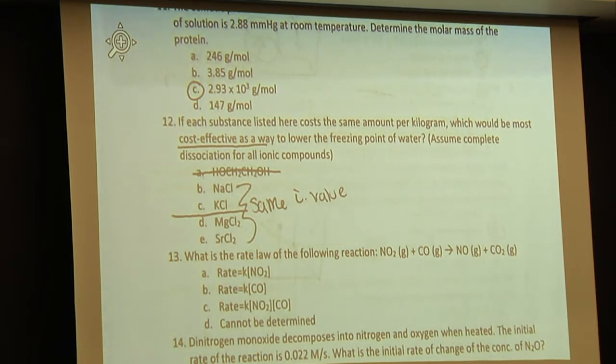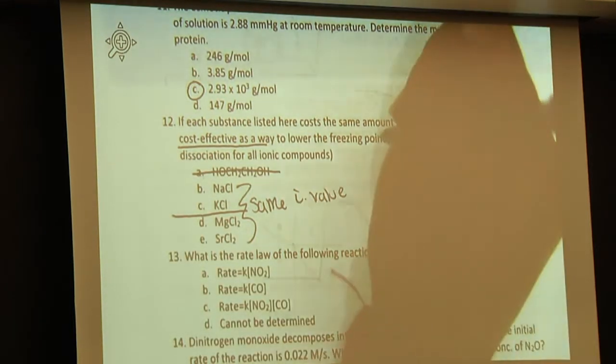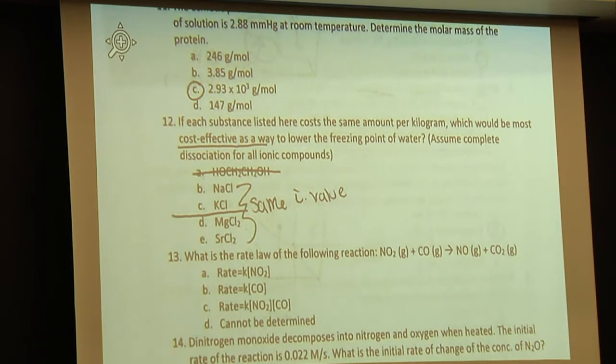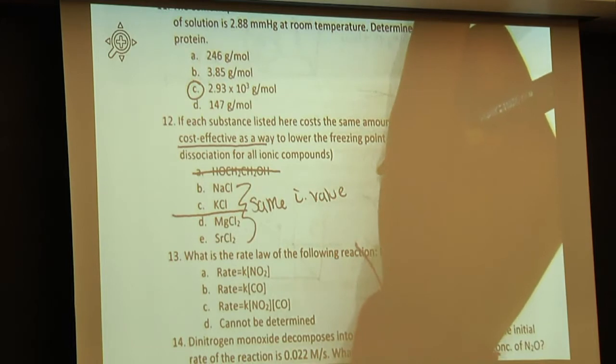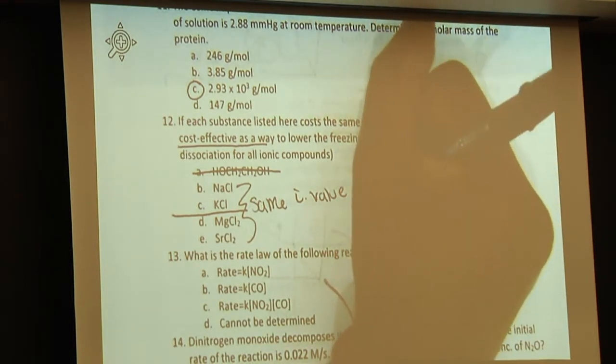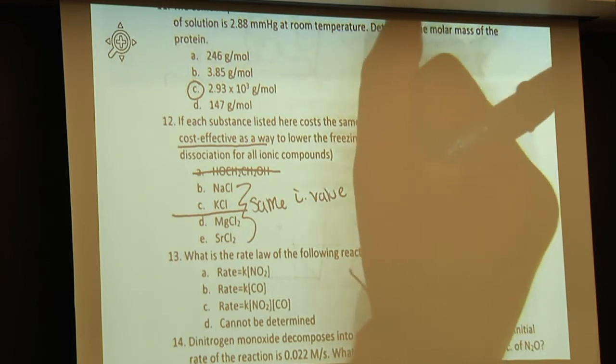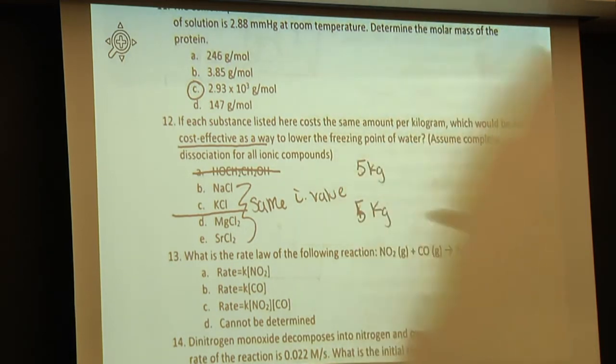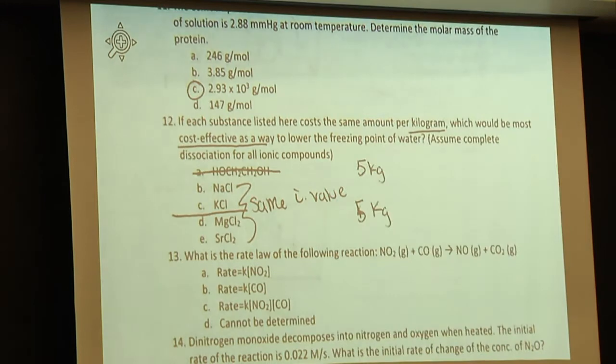So you guys won't be able to read that. I'm just going to have to rewrite it. All right, so I sat here this morning and I was trying to figure out how can I explain this, or how can you on a test figure out how to do this problem if you've never seen it before, right? So let's just say they both were 5 kilograms, because we're saying for the same amount per kilogram, right?